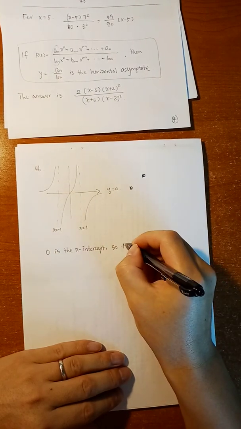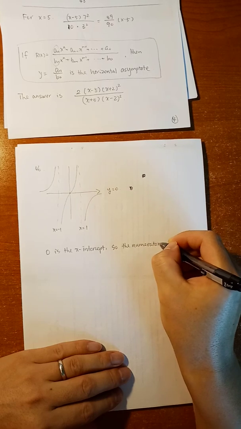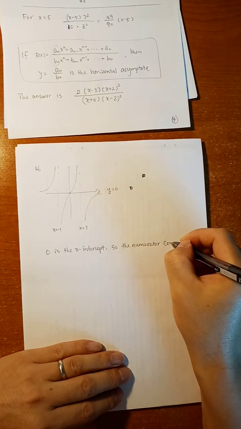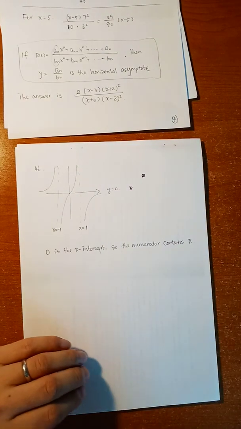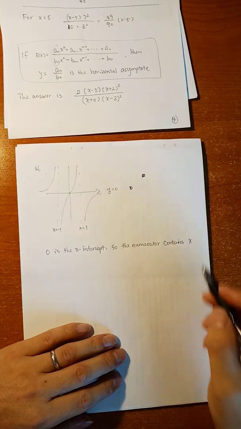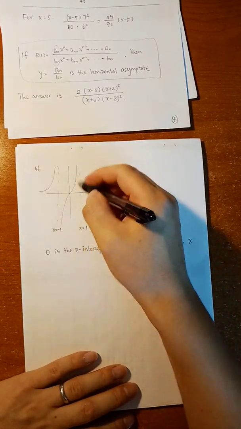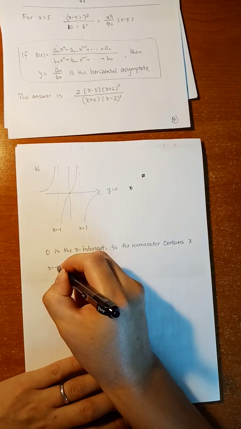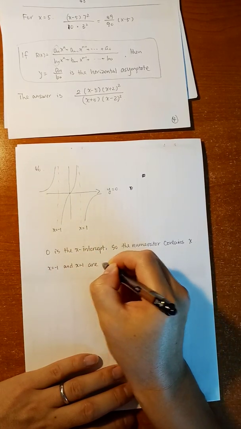So the numerator contains x minus 0. It's just the x term, and it crosses the x-axis, so its degree is odd. And you have two vertical asymptotes, x equal to negative 1 and x equal to 1.